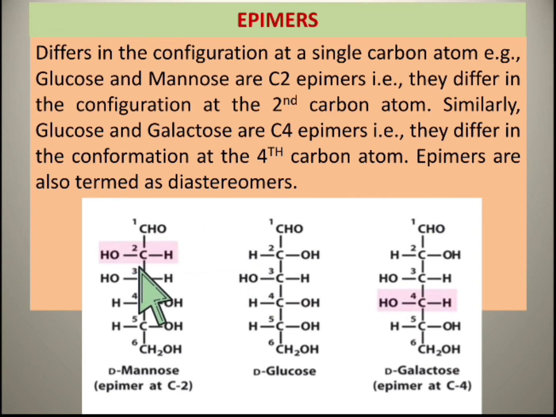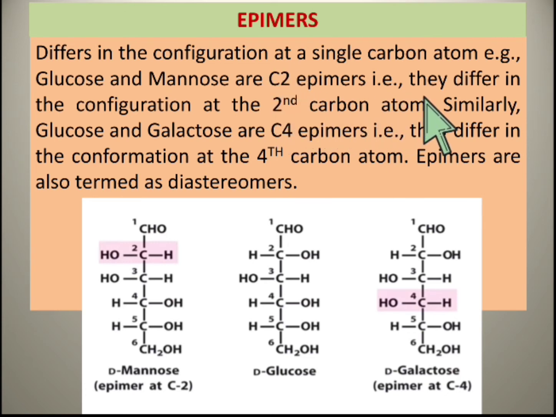Whereas in mannose, the OH group is on the left and the hydrogen is on the right. So the difference is just at a single carbon atom, that is carbon number 2. So these are referred to as the C2 epimers. Here it indicates that they differ from each other only at carbon number 2.